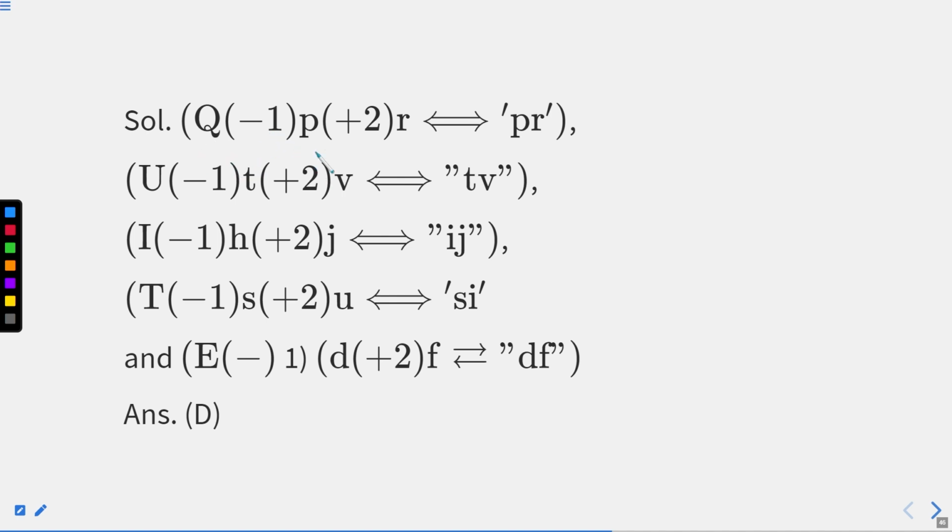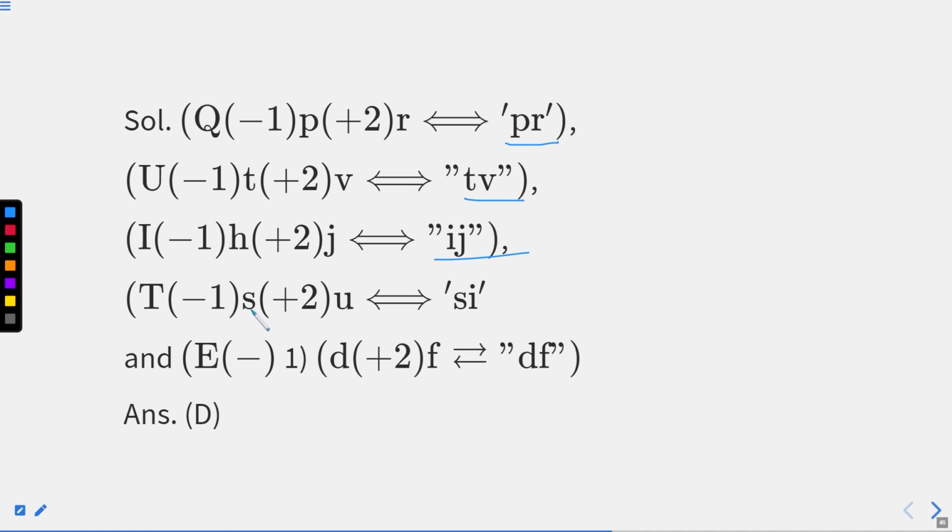Now they are using the second one, Q minus 1, that is P, and P plus 2 is R. Eventually we are getting PR. U minus 1, T, and T plus 2 is V, TV. I minus 1 is H, H plus 2 is J, IJ, we are getting it.